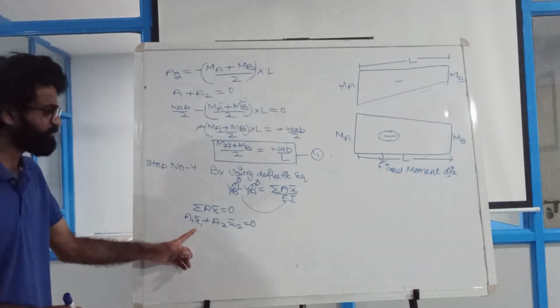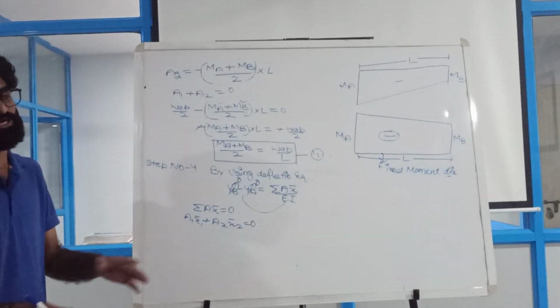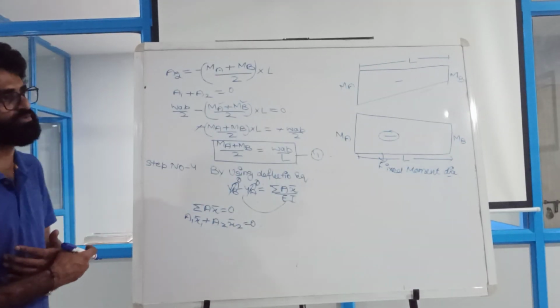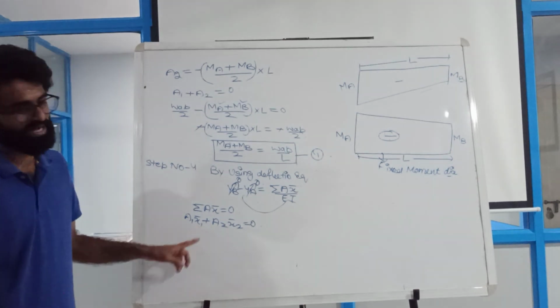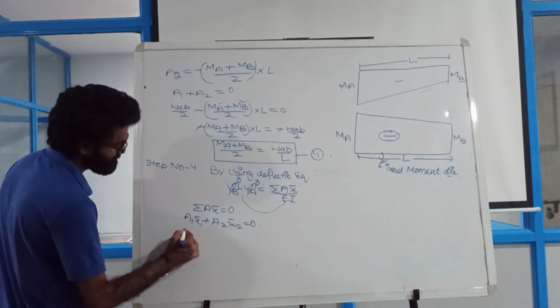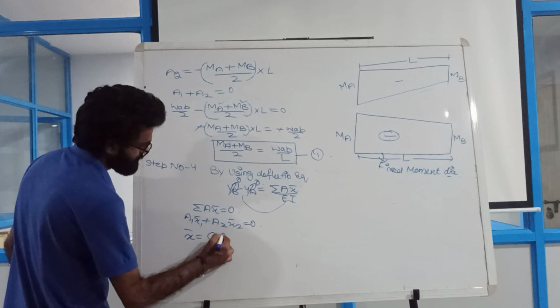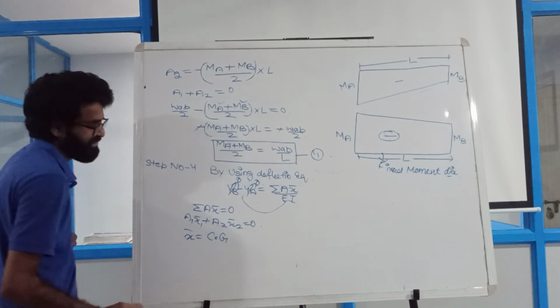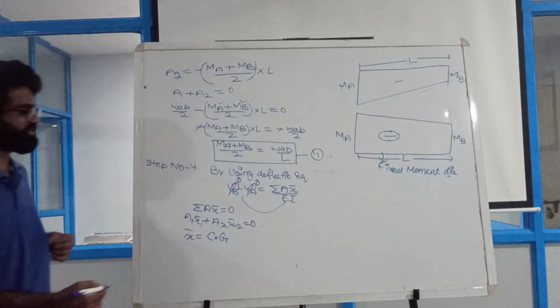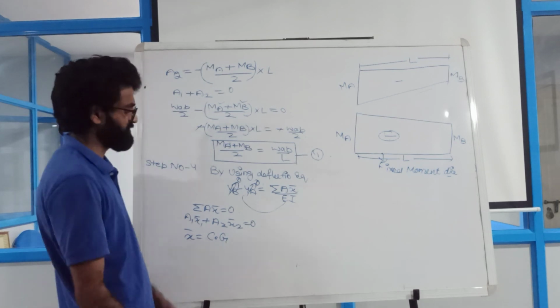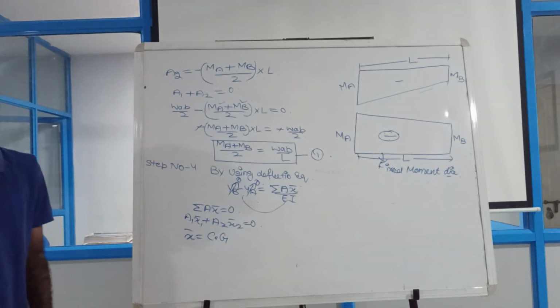We know A1 and A2 are the areas of the diagrams. But what is the x bar? X bar is the CG point, the CG of the diagram. So that CG also we need to calculate. Let us do it.